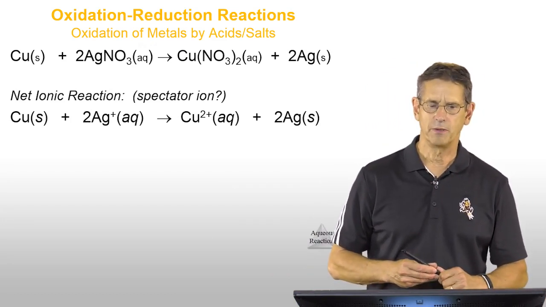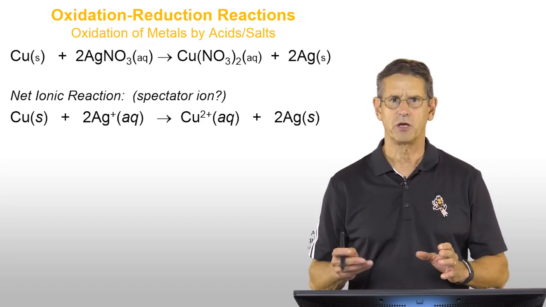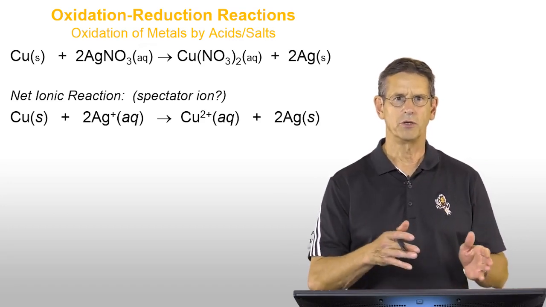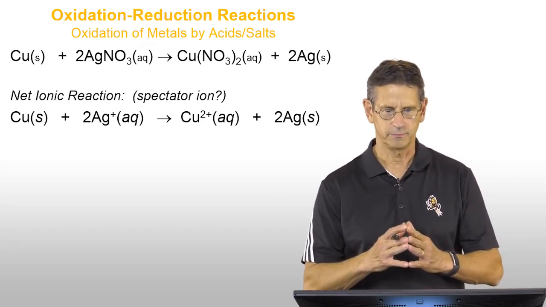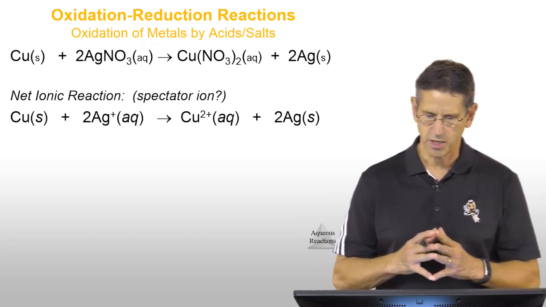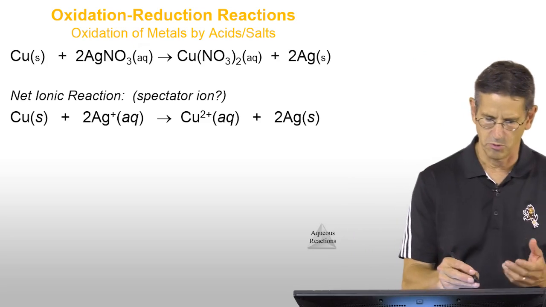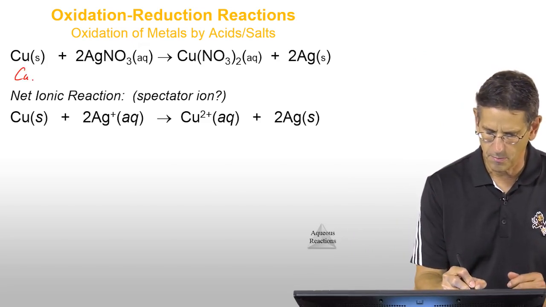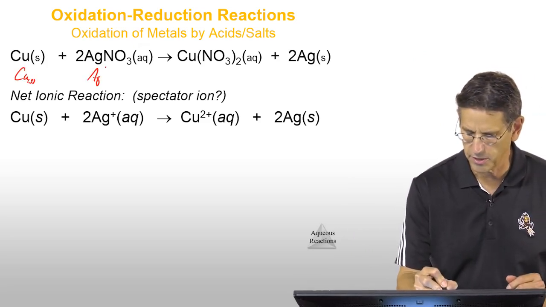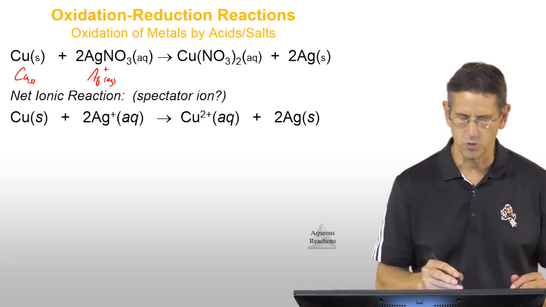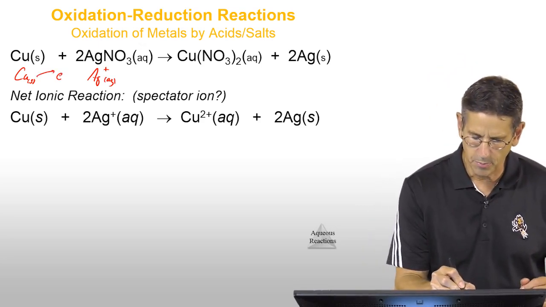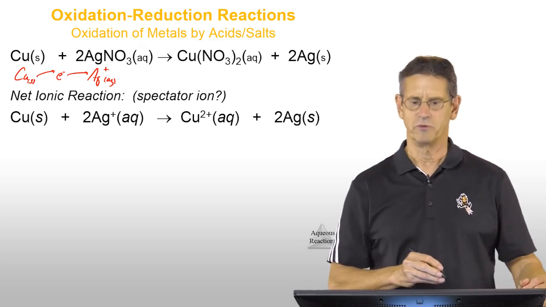Let's talk about this exchange of electrons between one metal and another metal cation. All right. And what's this reaction showing right here? Now, this is our copper-silver reaction before. Let me remind you, we had copper, neutral copper, and the silver cation. And all that happened was the copper gave up its electrons to the silver cation.